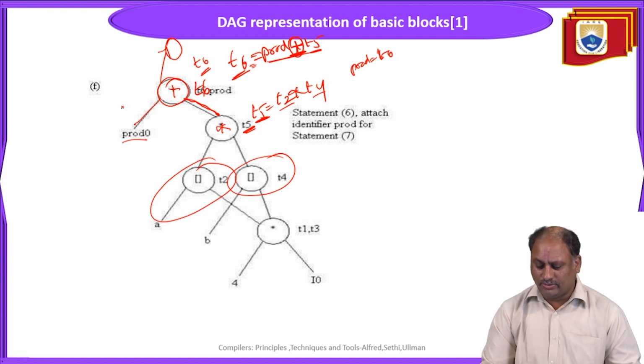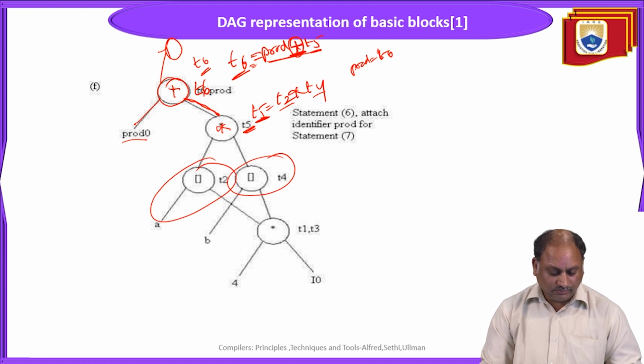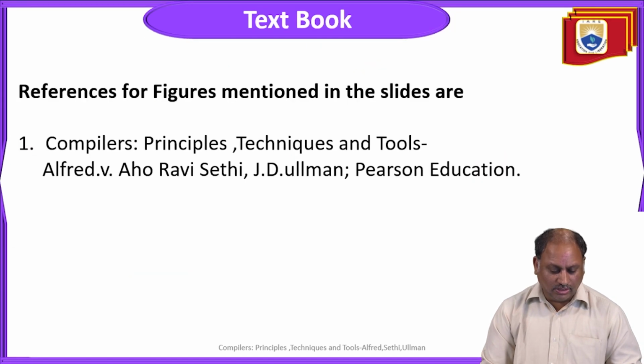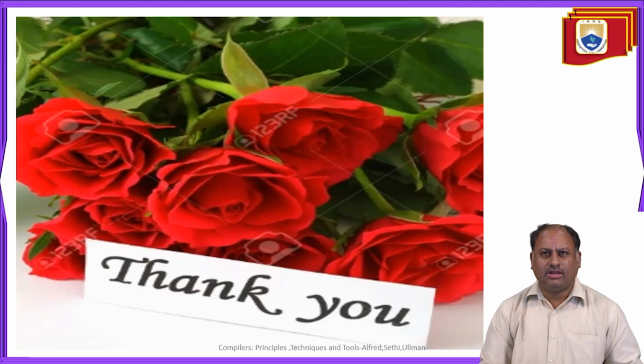If further level approaches are there, you can determine the result. So this is the final representation of the DAG, that is the directed acyclic graph, which is frequently used in the code generation phase. So all the contents which are available in this are from the book Compilers: Techniques, by Alfred Aho and Jeffrey Ullman.